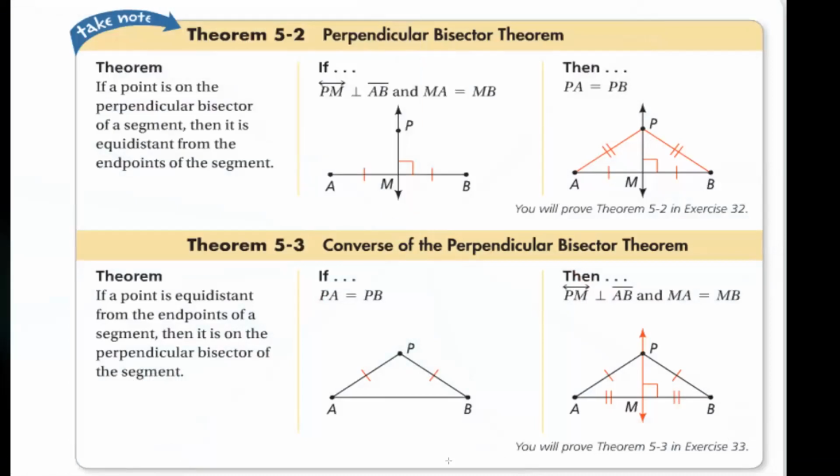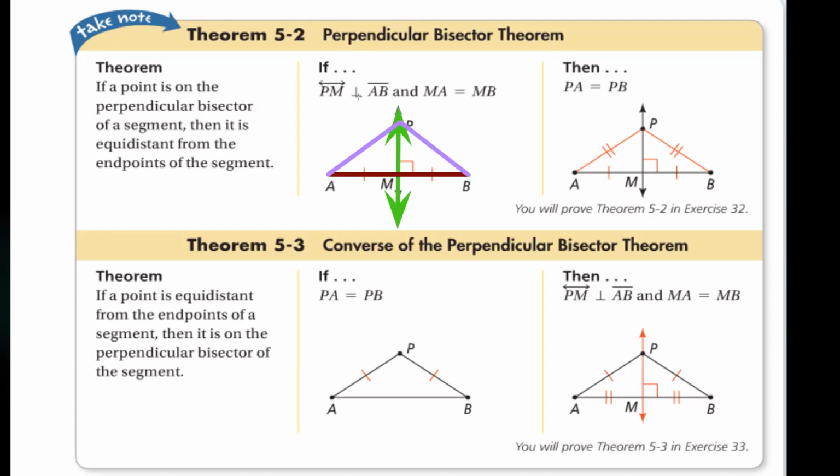If you have a ray PM and this ray bisects a side AB and cuts it into two equal halves, perpendicular on it, so if you draw two sides from that point P to the endpoints A and B, they will be equal.